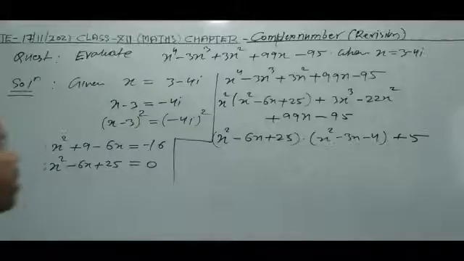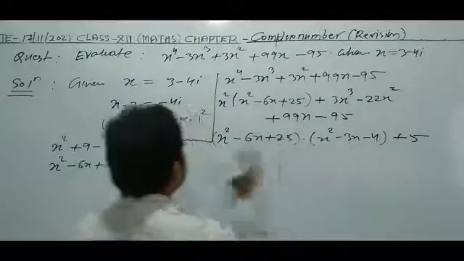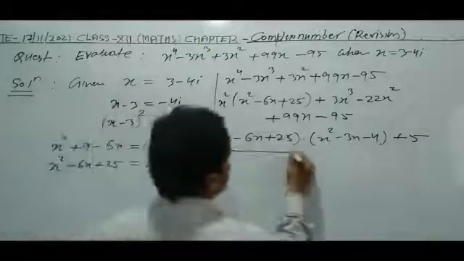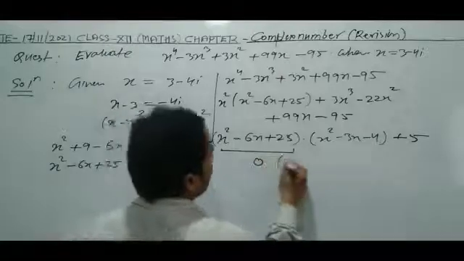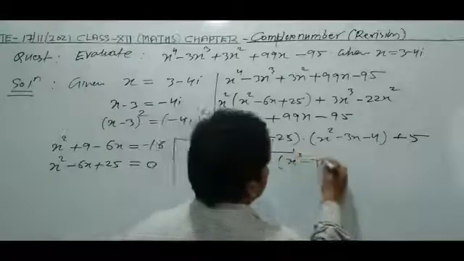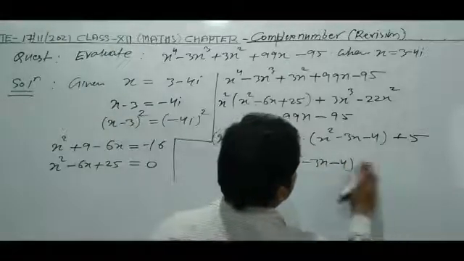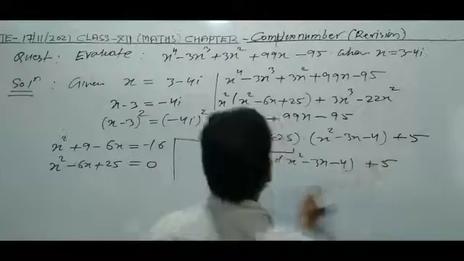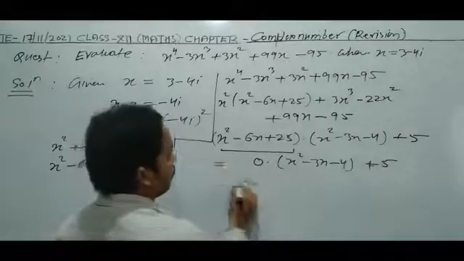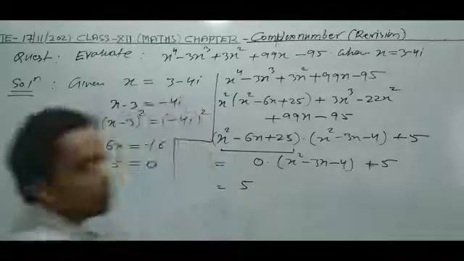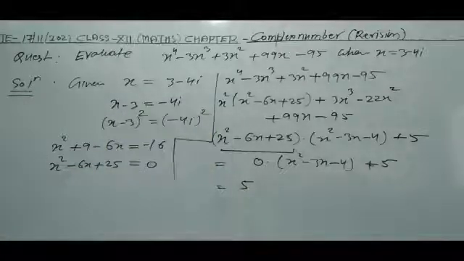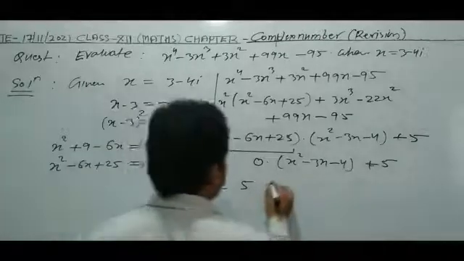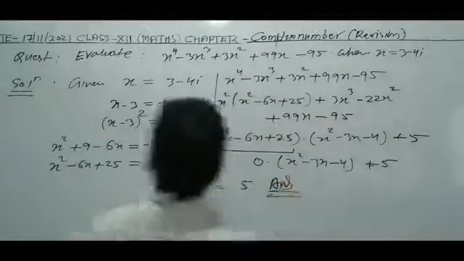Now we know x square minus 6x plus 25 is 0. So x square minus 3x minus 4 plus 5, the result will be only 5. So 5 is the answer.